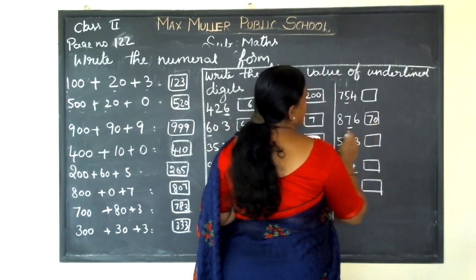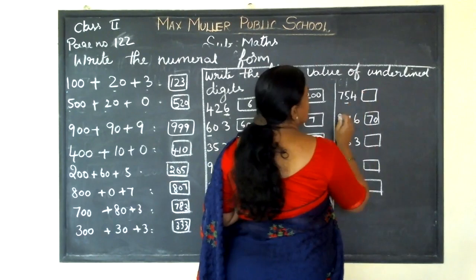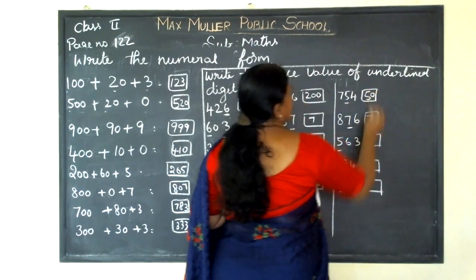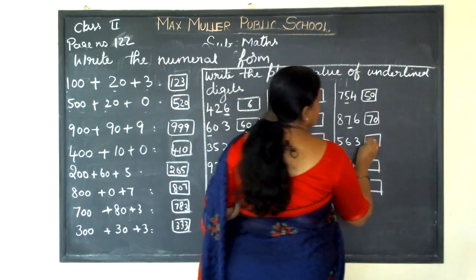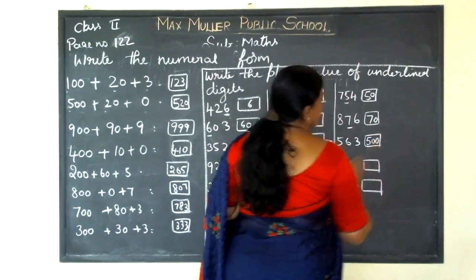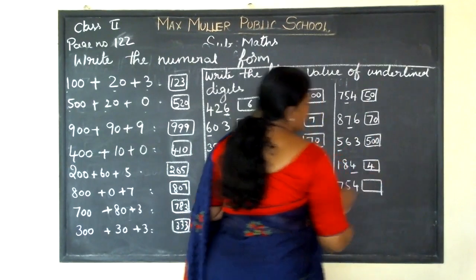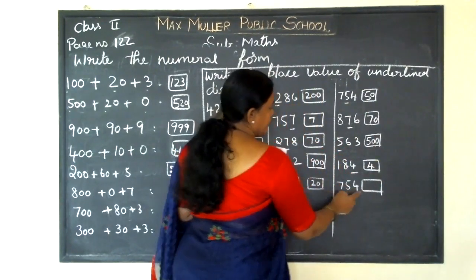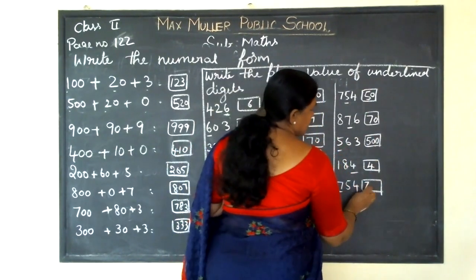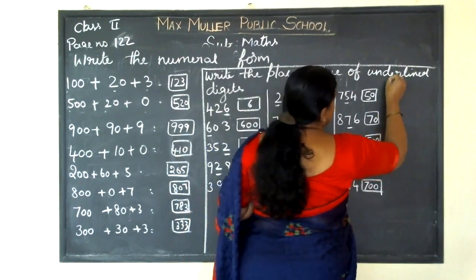Tens place, so you want to write 70. 5 is also in tens place, so 50. Here 5 is in hundreds place, so you want to write 500. 184. 4 is in ones place, 4 you want to write. 754. 7 is in hundreds place, 700.